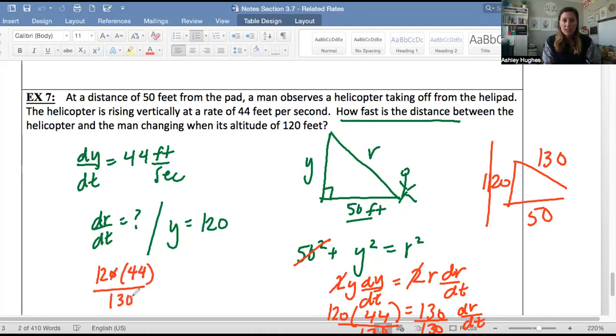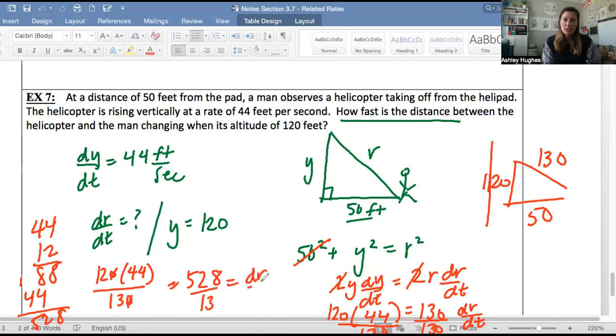So I can cross out the 10, and then 13 is prime. So 44 times 12, what is that? 528 over 13 equals dr/dt. That's the rate at which the distance is changing, and that would be feet per second.